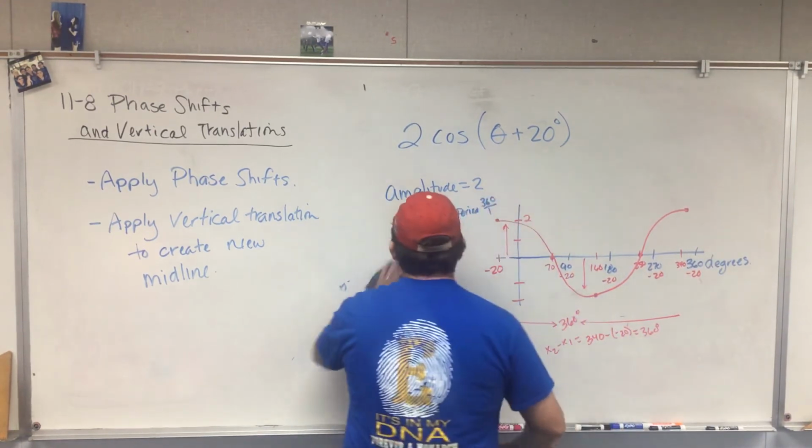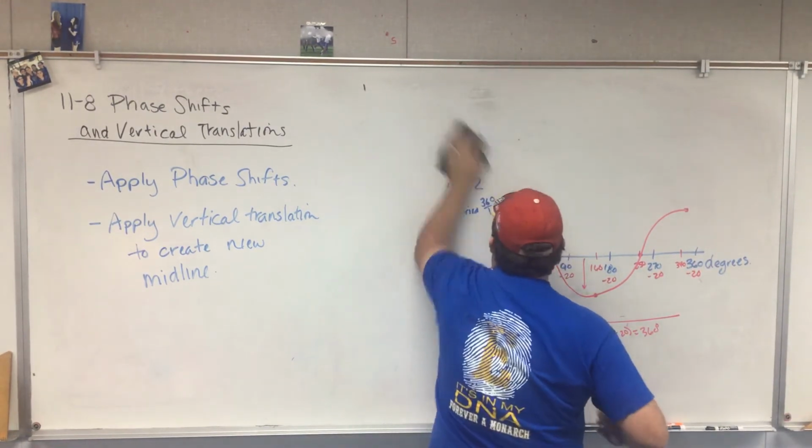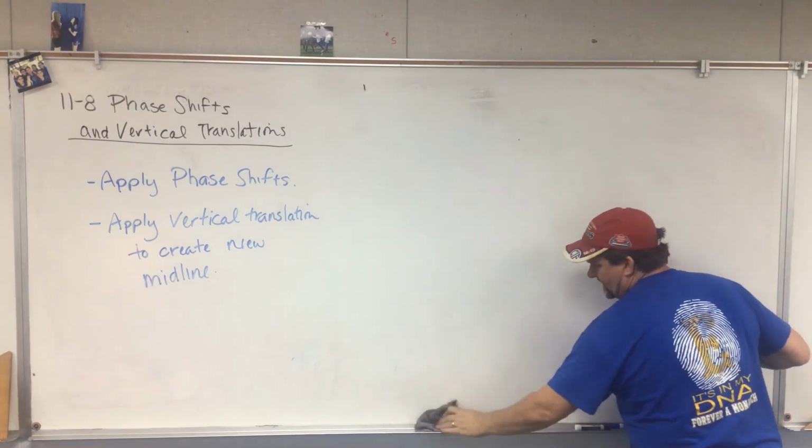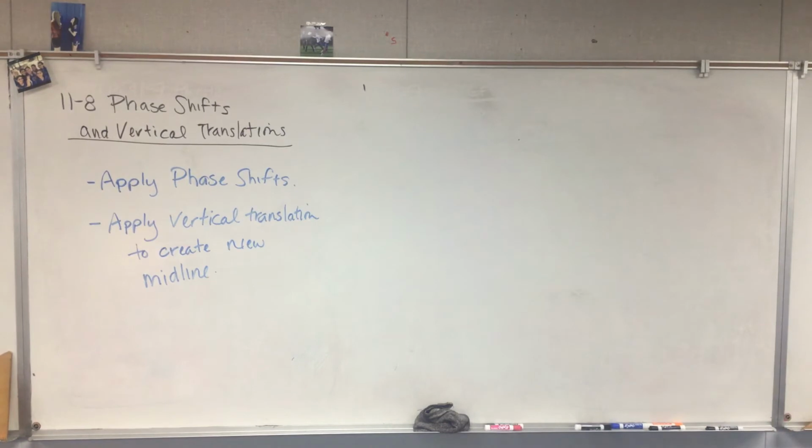All right, so let's tackle the phase shift and the midline here. Phase shift and the midlines. That's a horrible example that they gave you guys. All right, so let's do this one.